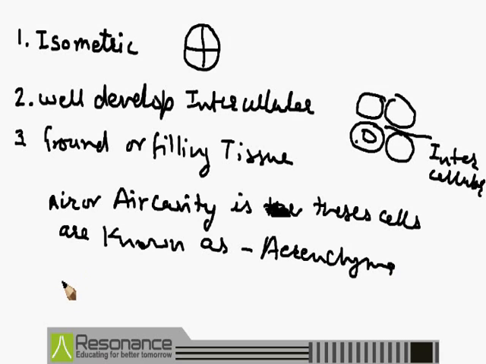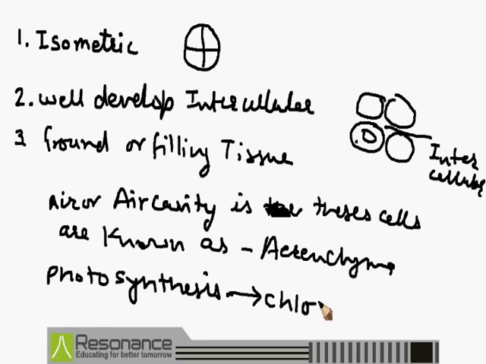And if these cells are modified for photosynthesis, meaning these cells have chlorophyll, such types of parenchymatous cells are known as chlorenchyma. In some parenchymatous cells, waste materials are deposited. Such cells are known as idioblasts.